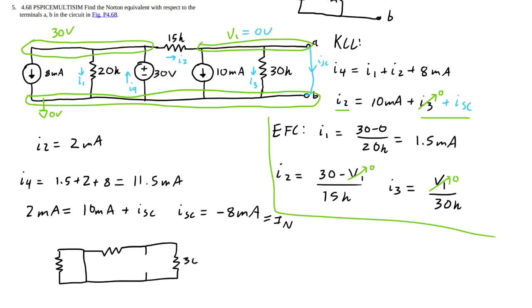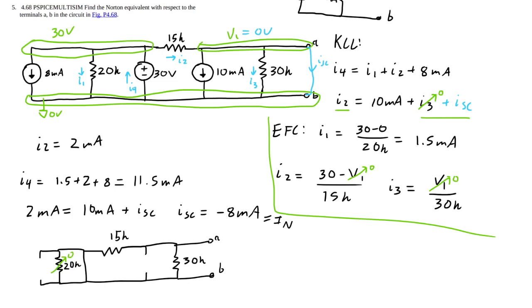Okay, so 30K, 15K, and 20K. Now let me finish drawing this out just so you don't get confused. I got that current source open. Here's A, here's B.